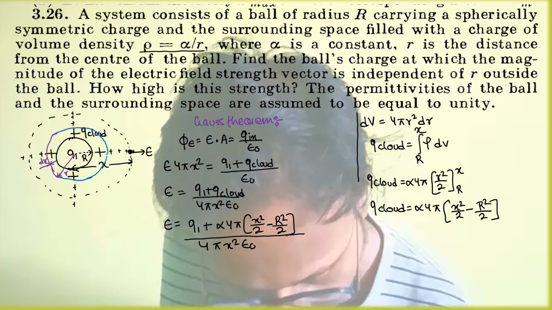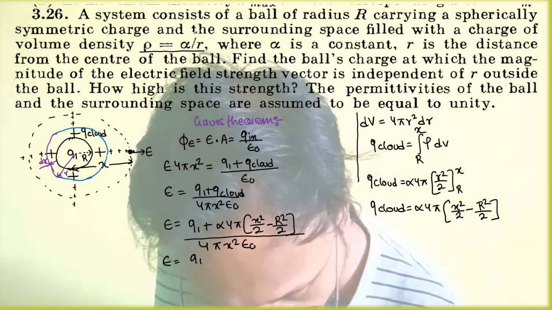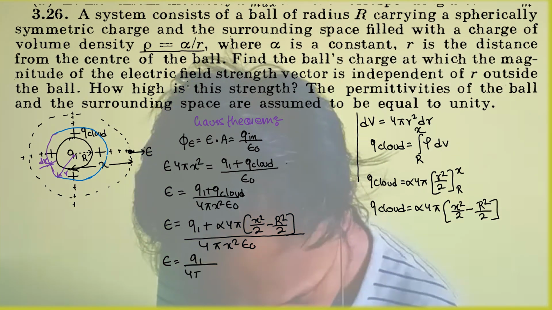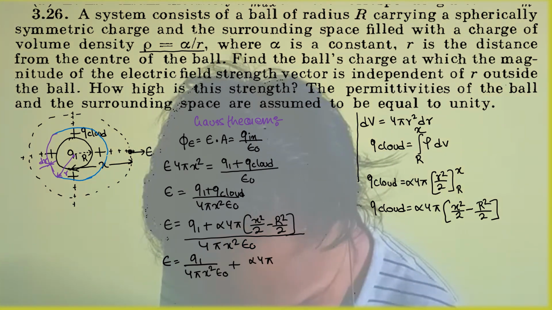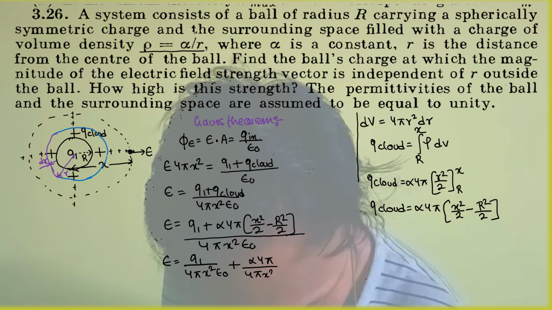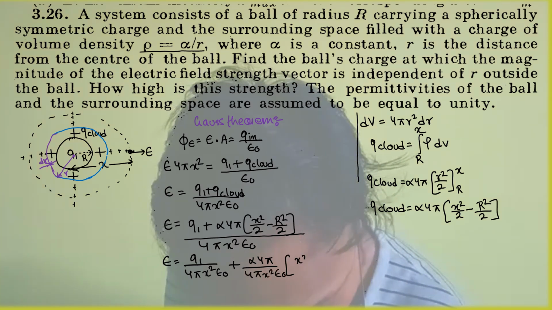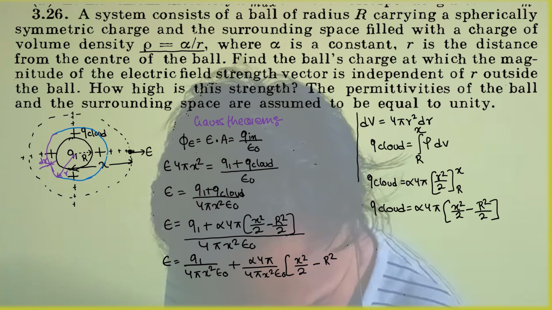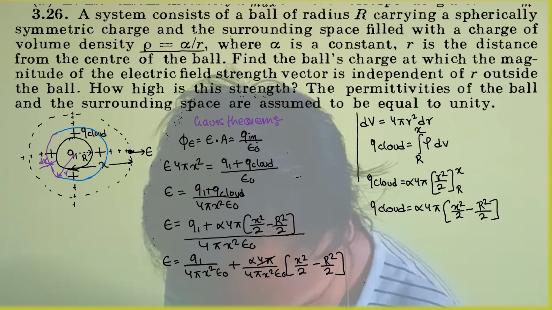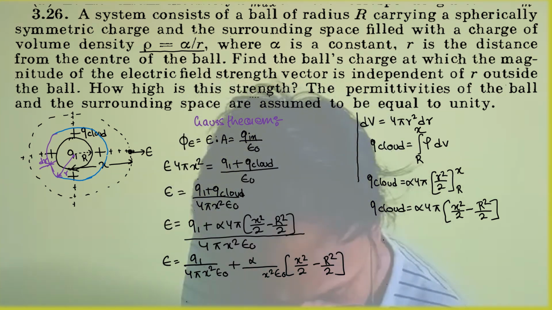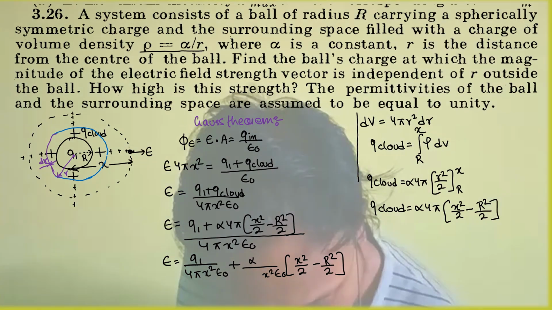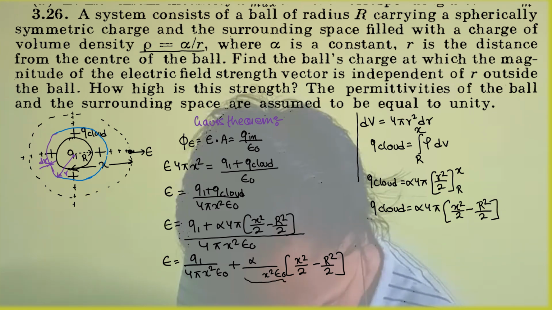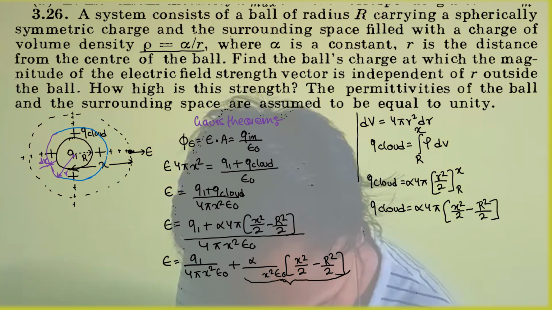E is equal to q1 by 4 pi x square epsilon naught plus alpha 4 pi by 4 pi x square epsilon naught into x square by 2 minus R square by 2. Out here 4 pi and 4 pi would get cancelled. Now if I separate out these two terms, what will happen? Alpha x square by 2. If I separate out this term, I'm writing out this entire term out here.